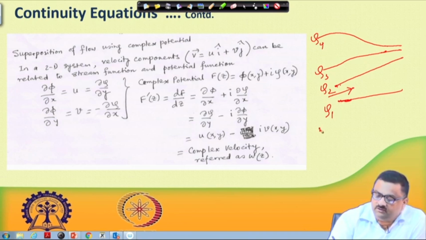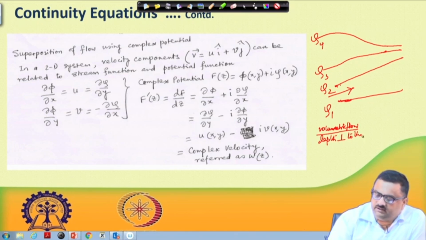So, volumetric flow per unit depth perpendicular to the screen between two streamlines is equal to the difference between the two stream functions.